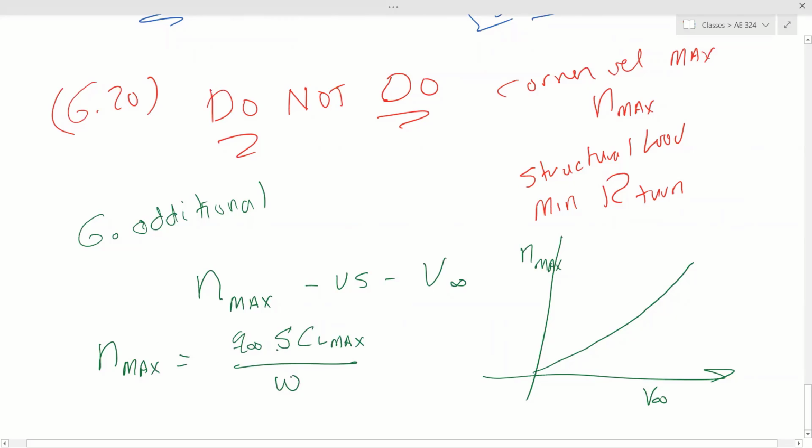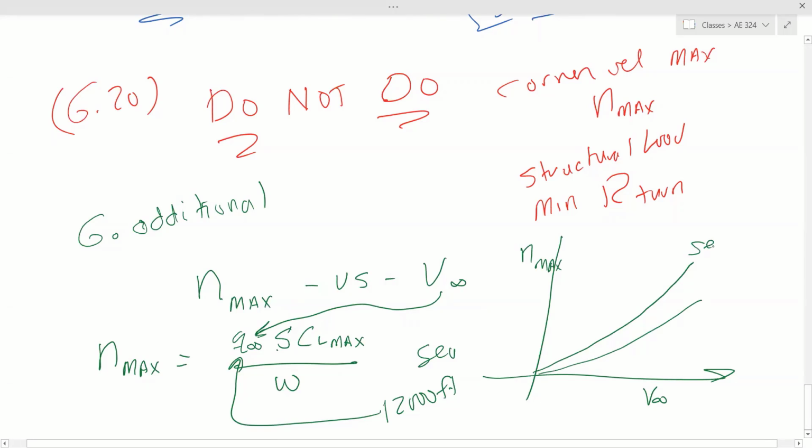And you have all the data that goes into there, so all you're doing is varying the velocity and the dynamic pressure. And you're doing this at sea level and 12,000 feet. So the density and the dynamic pressure is the only thing that changes between the two plots. So you'll end up with two plots, one for sea level and one for 12,000 feet.